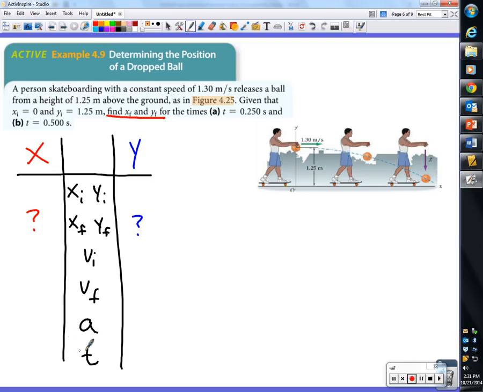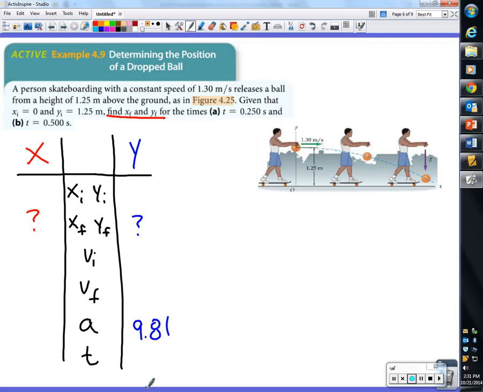The only thing that's affecting the motion of the object is what? Gravity. Gravity causes an acceleration, right, Brett? What's the acceleration of gravity? 9.81. However, in this problem, which way does gravity act? Which axis are we talking about? Y-axis, right? We're talking about the vertical. So acceleration on the vertical axis is going to be 9.81.